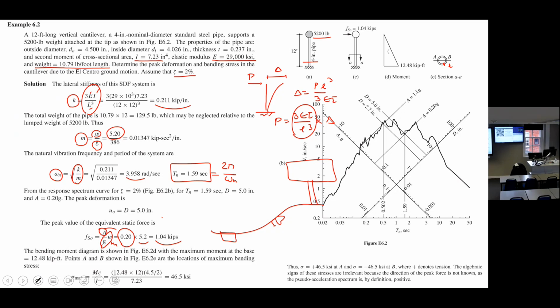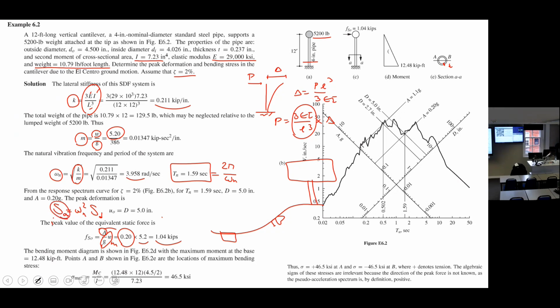And also, not to forget, if you're reading the spectral acceleration from the Excel, which is 0.2, the spectral acceleration is always omega n squared times the spectral displacement. We had this two slides before.